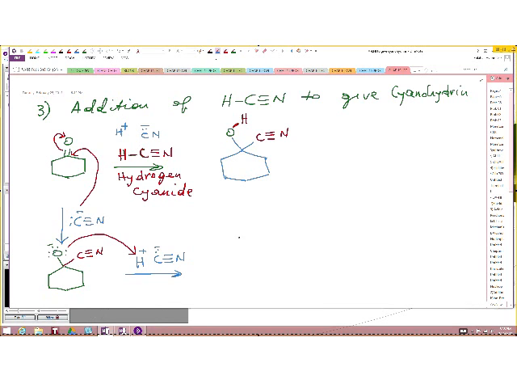And then you form your cyanohydrin. Just call this a cyanohydrin.